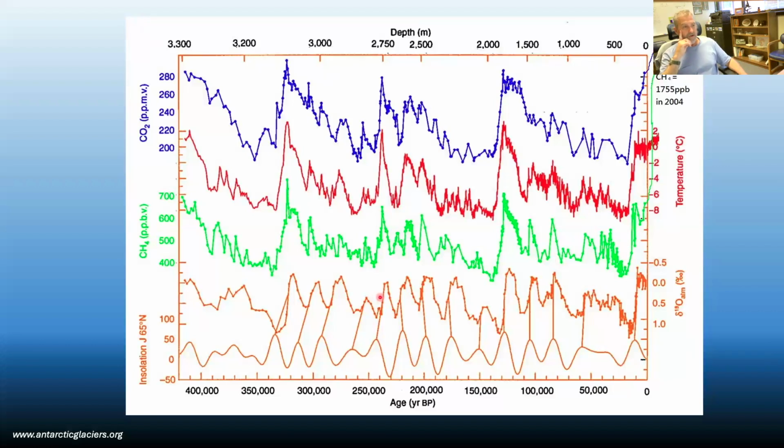We have the variation in the percentage of atmospheric oxygen 18, that heavy isotope of oxygen. And then we also have the insolation value.